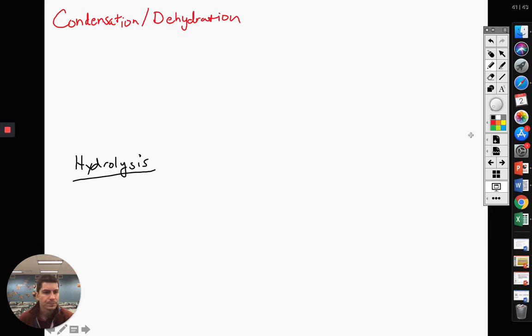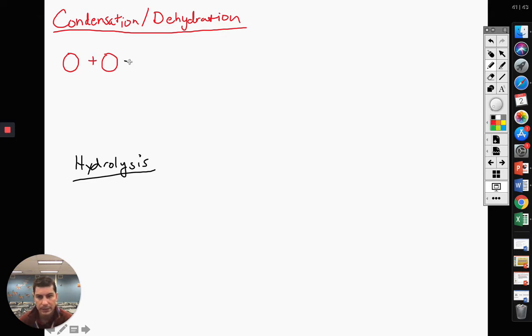We are going to have two monomers, and we're going to combine them together on the reactant side.